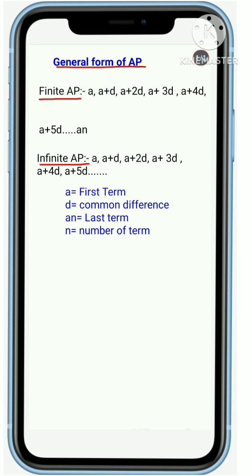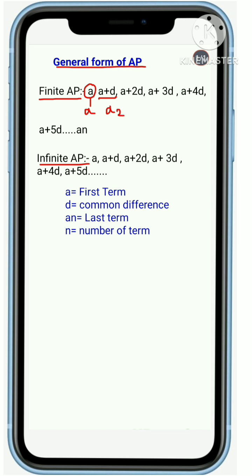And here this A represents first term of AP denoted by A itself. Similarly, it represents second term of AP denoted by A2.